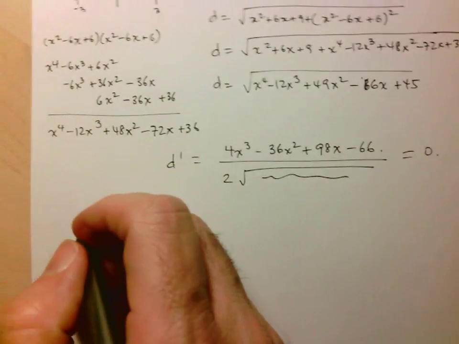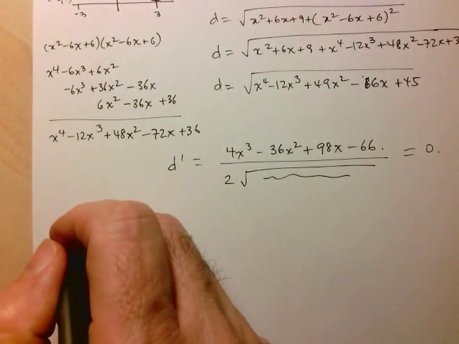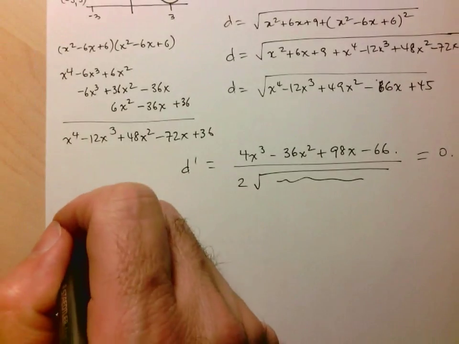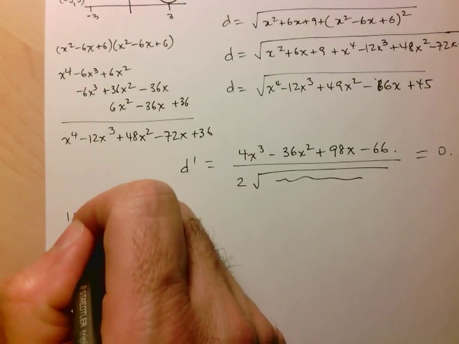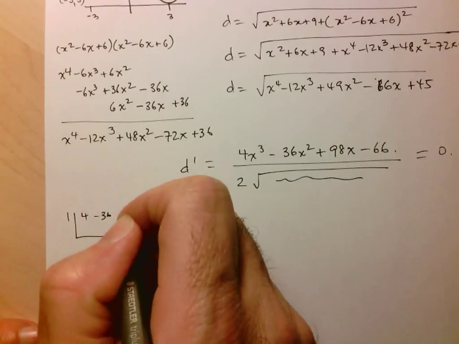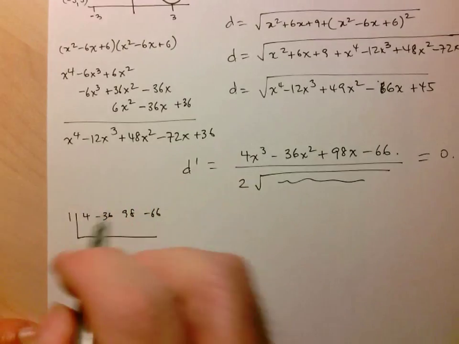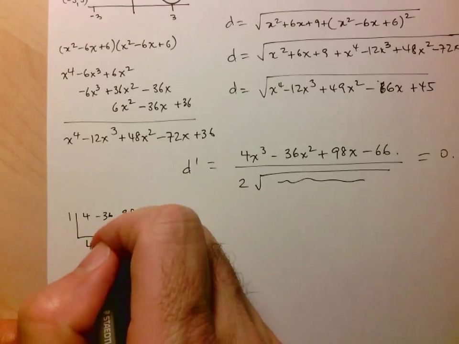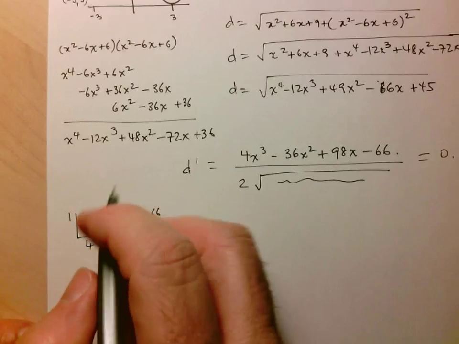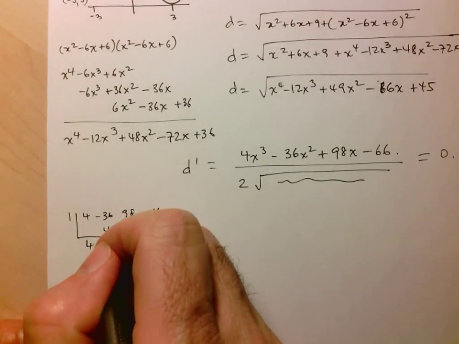So here, let's do the division. We've got 1, and here we've got 4, negative 36, 98, negative 66. So here we've got 4. So that's negative 32.